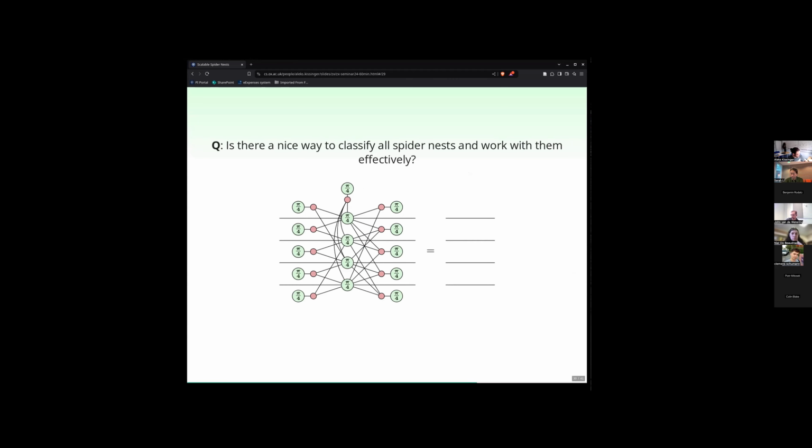Okay, so where this project and paper kind of kicked off was we were thinking about a nice way to try to classify all of these non-trivial rules and work with them in a more effective way. And it turns out that using Scalable ZX, we have quite a nice way of thinking about this whole family of rules.